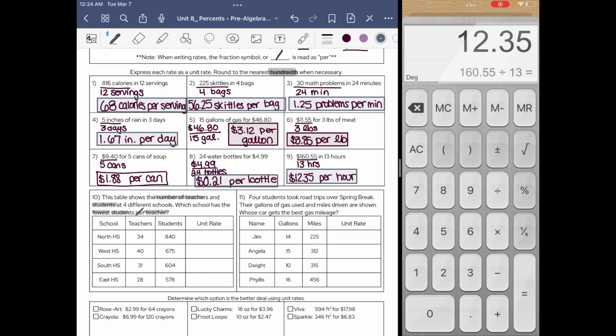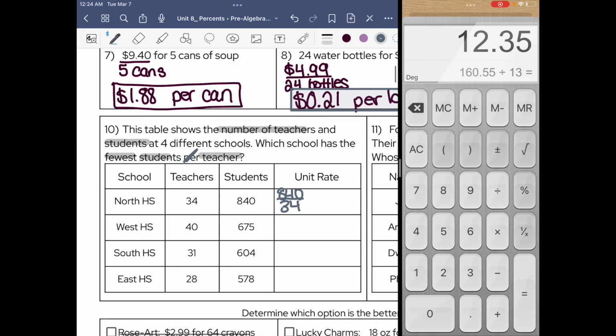So when we go to find our unit rate for all 3 or 4 of these, you have to do the students on top and the teachers on bottom. So 840 over 34, or 675 over 40, or 604 over 31, or 578 over 28.